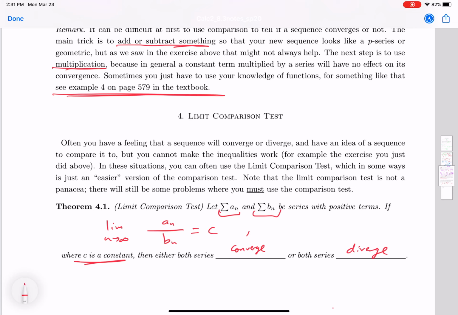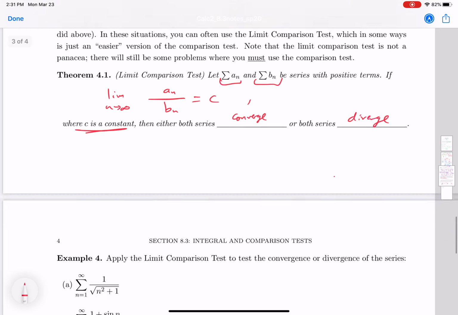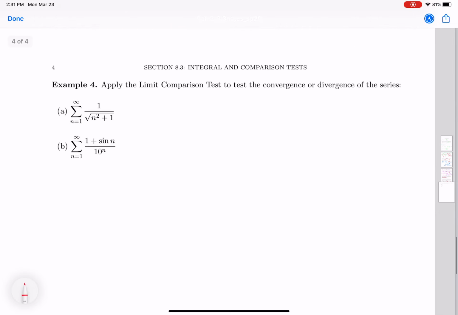So you have basically a complicated series, compare it to an easy one that you know if it converges or diverges, and then you're done. So let's see how this works in example 4. In example 4, we're just looking at some of these series that we looked at before, and we're now going to use the limit comparison test instead of just doing the straight comparison test like we did before.